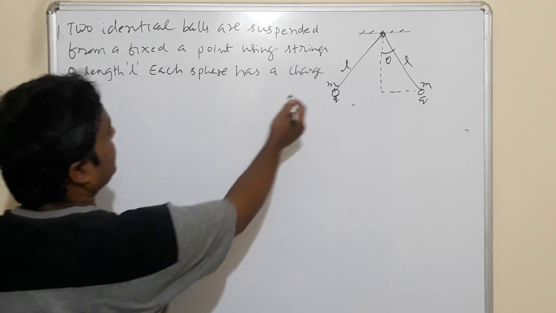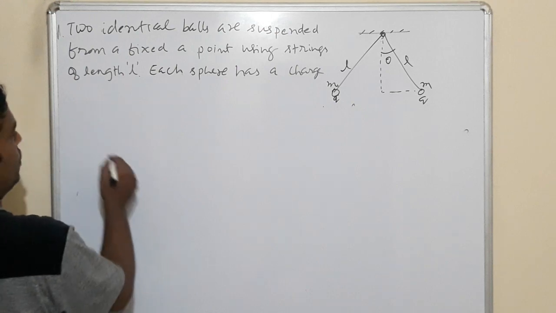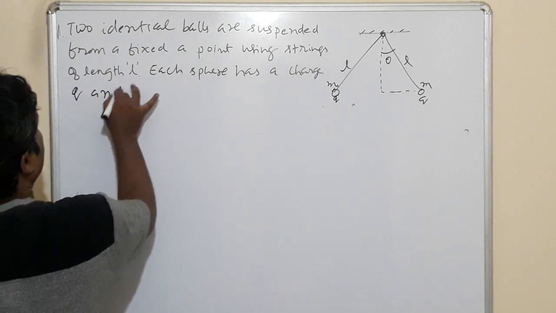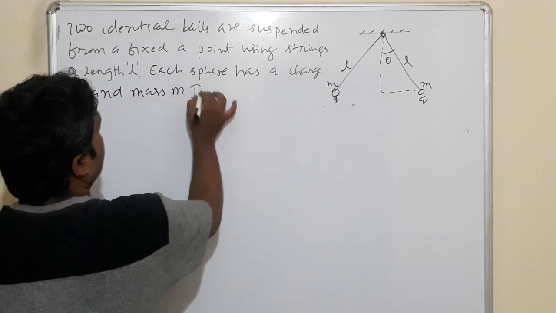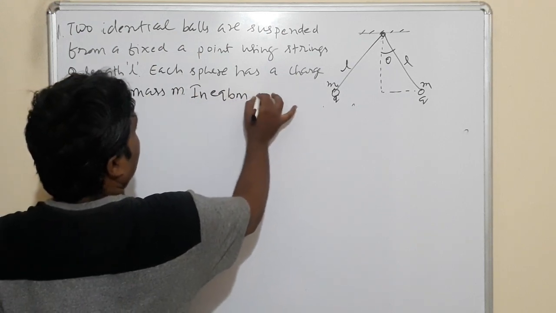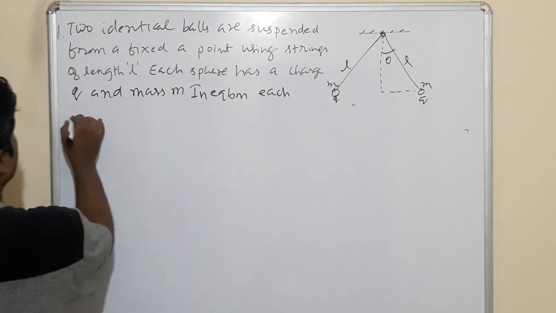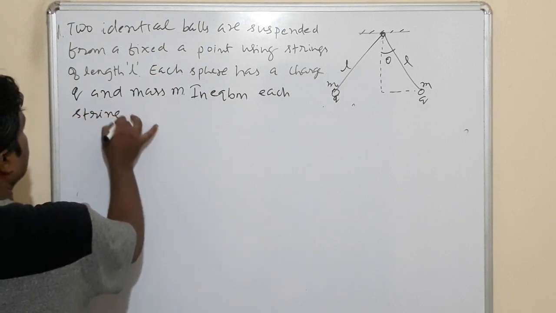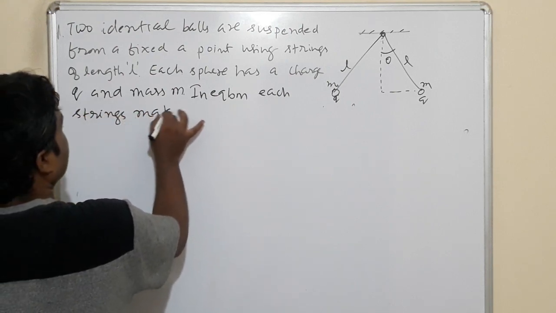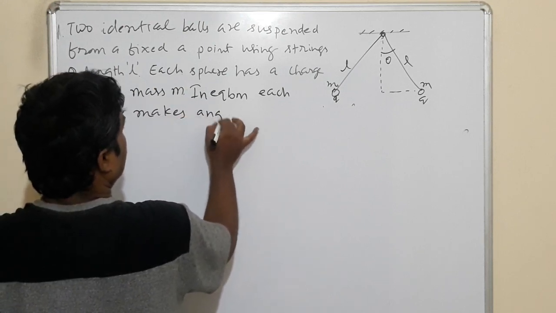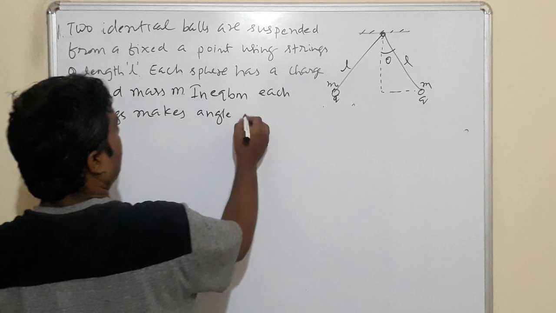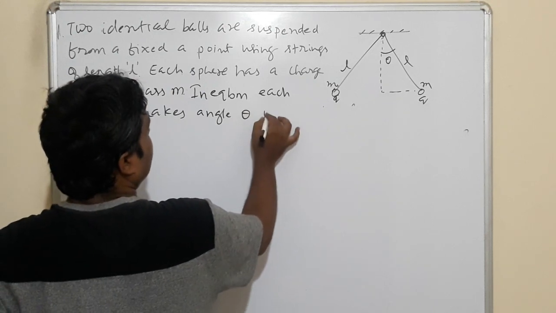Two spheres have a charge q and mass m. In equilibrium, each string makes an angle theta with the vertical.